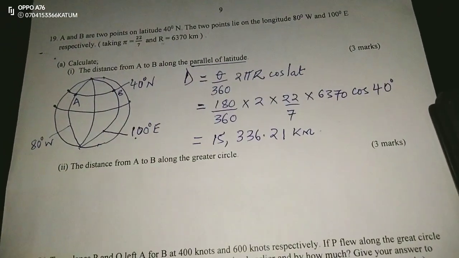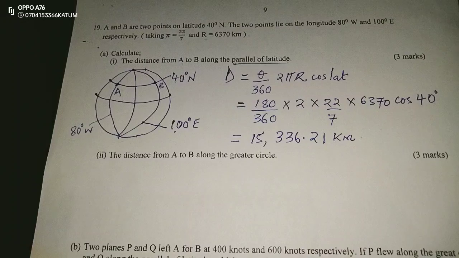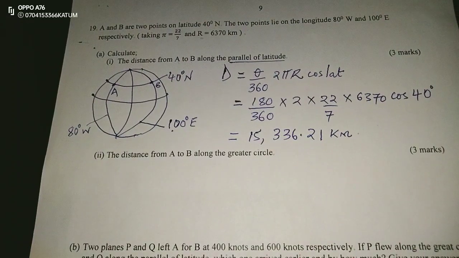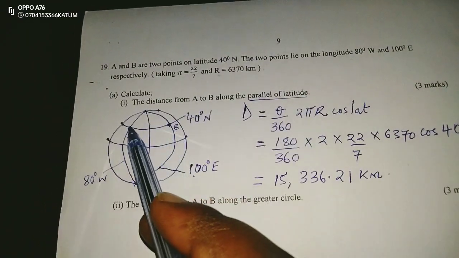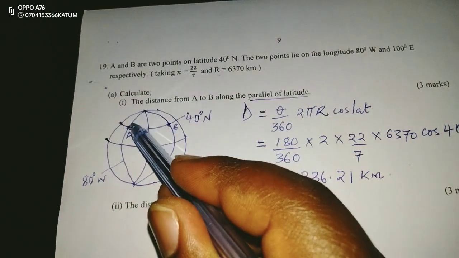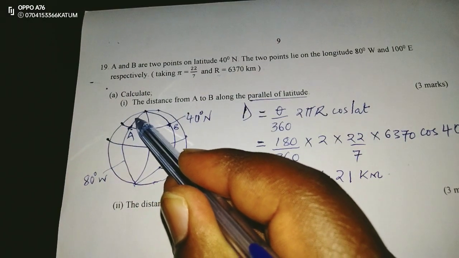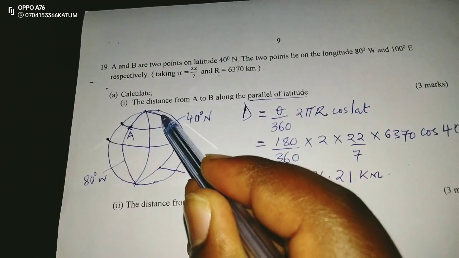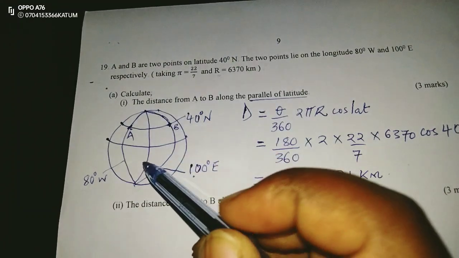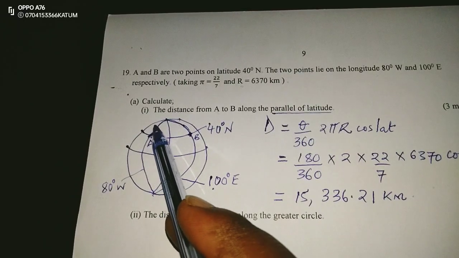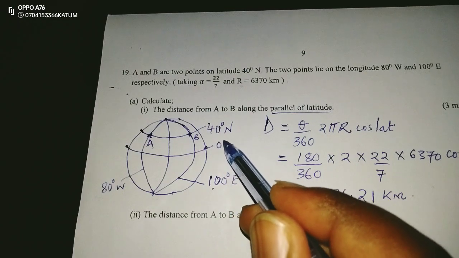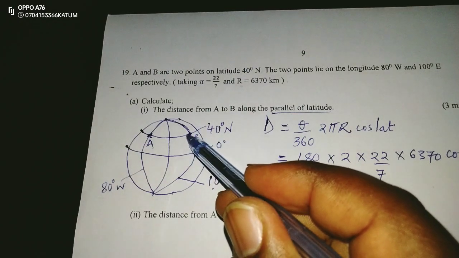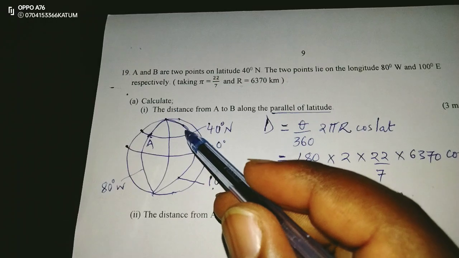The second question is telling us to calculate the distance from A to B along the great circle. So from A to B, instead of going through the parallel of latitude, now we go through a great circle, which is through the North Pole and back down to B. To follow that route, remember from 0 degrees equator, we have 40 degrees up to the latitude where the two places are.